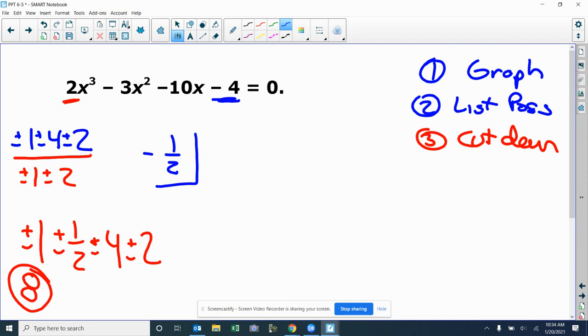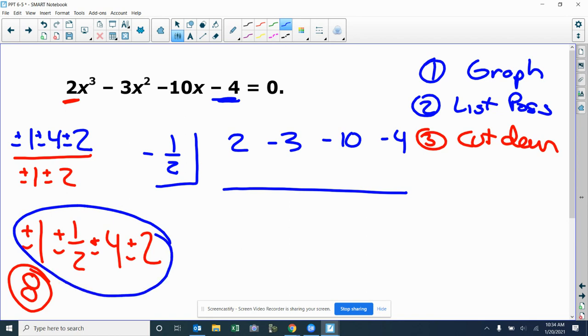All right, so what do we have? 2, 3, -10, and -4. -3. Folks, let's go. Did I mess up? Oh, yeah, -3. Let me go back and talk about this for a second. How many roots are we trying to find? 3. You understand these are the possibilities. I don't want to do it on all 8 of those. I want to eliminate some of those. How am I doing that?